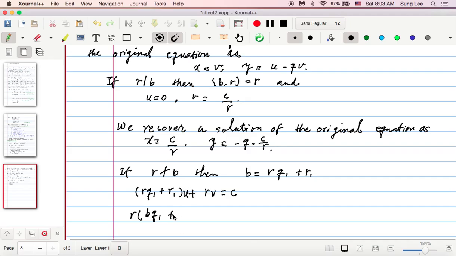So this can be rearranged to r times q1 u plus v, and plus r1 u equals c.